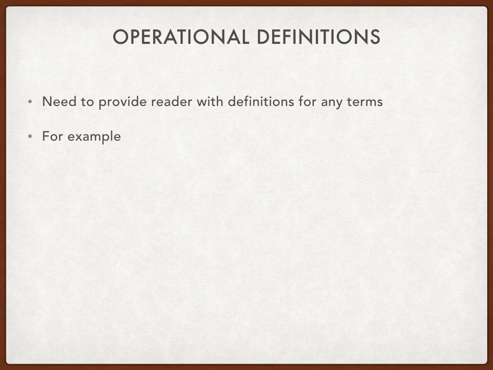Some examples of things that need to be defined: what do we mean by pain? What do we mean by range of motion? What do we mean by injury or injury rates? What do we mean by return to play? All these things need to be clarified somewhere. Usually it's going to be in our methods or in the introduction section.